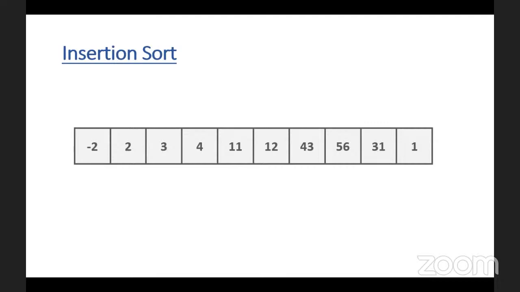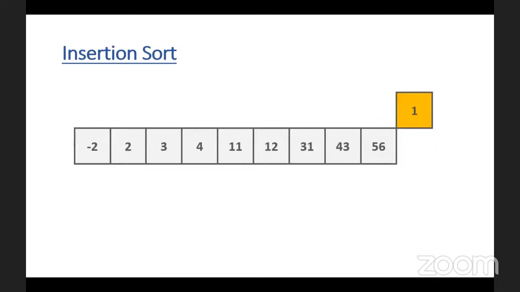I'm not doing any swapping. Simply, I'm just keeping it in a particular position. Take this value, identify the position with the condition against the rest of the elements, and then simply keep it in that particular location. I'm not swapping here, right? Yeah, that's what I'm asking you to understand.